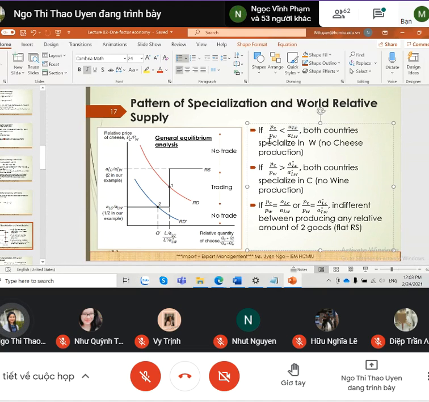So the relative price of cheese in terms of wine is smaller than the opportunity cost of cheese in terms of wine of foreign too. So no country wants to produce cheese. Both of them produce wine only.